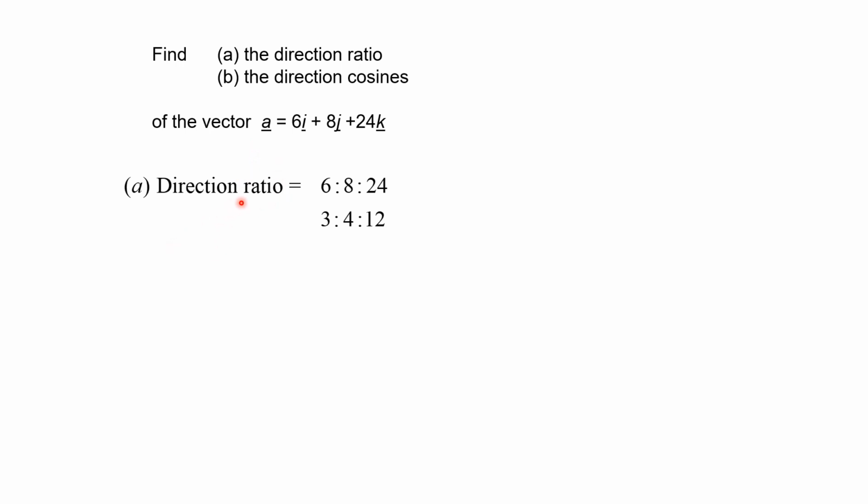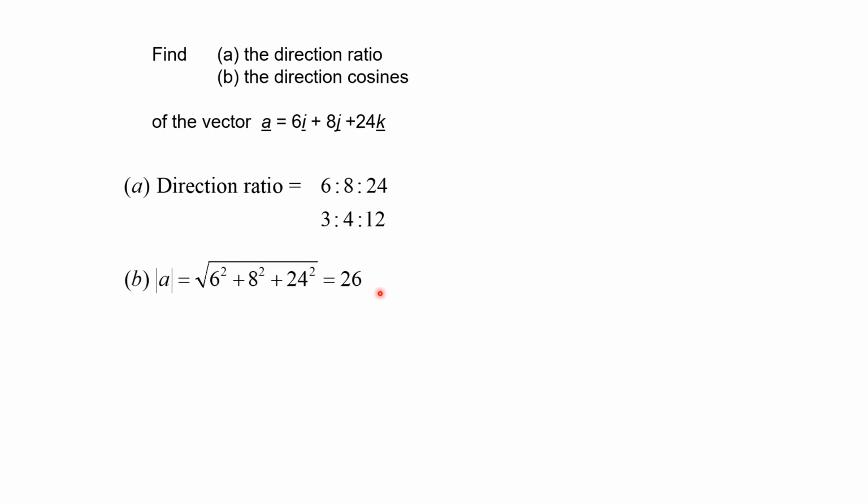So you have 6 ratio 8 ratio 24. As a basic rule of thumb, when you have a ratio, you need to simplify it. So we divide everything by 2 and get 3 ratio 4 ratio 12. That's known as the direction ratio.